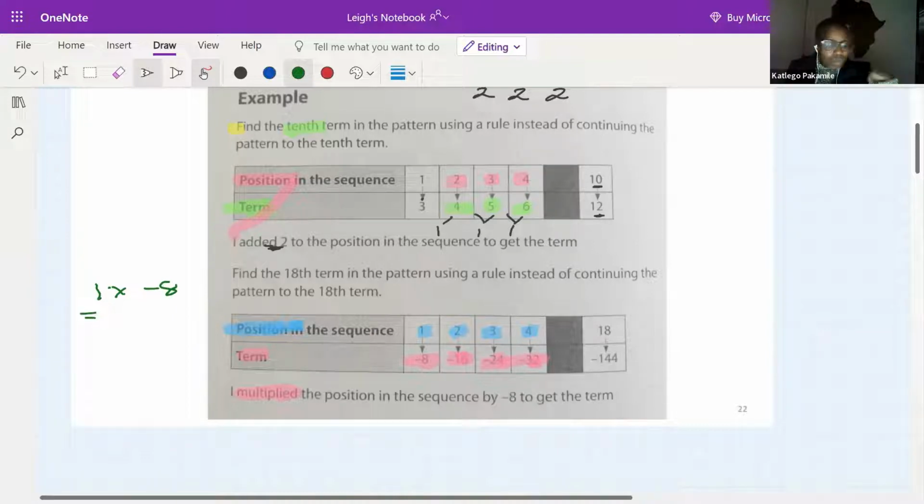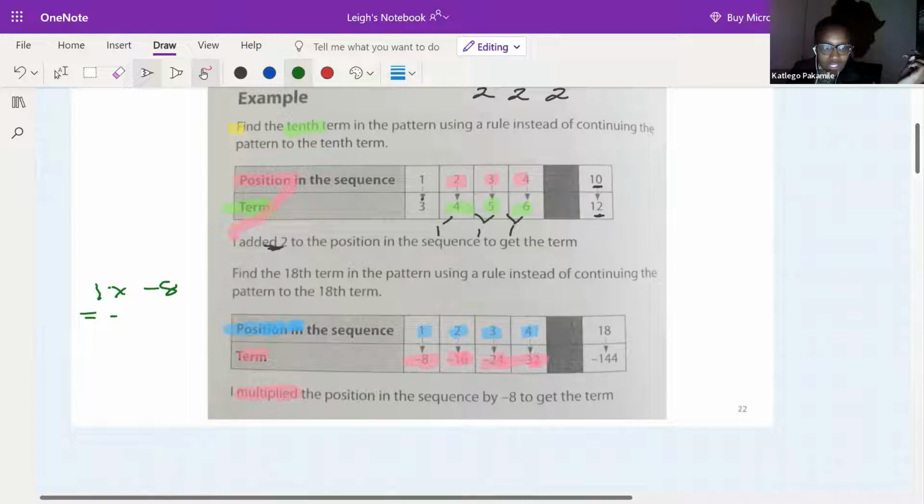We've done integers, right? So what's 1 times -8? Bonolo? Okay, Anati, what's 1 times -8? Babalo. Okay, Anati, there we go. 1 times -8 is -8.